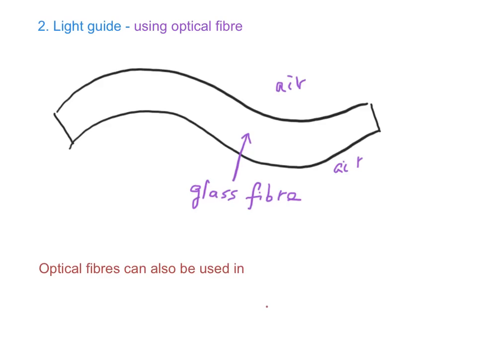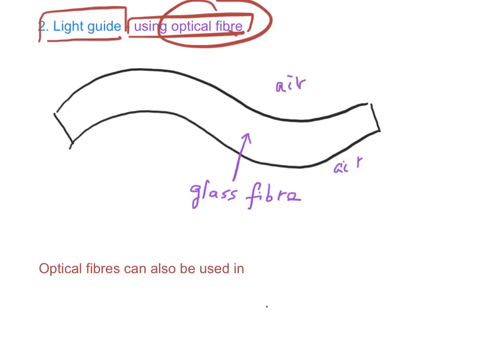Another application of total internal reflection is the light guide using optical fiber. Optical fibers are made of glass fibers of refractive index about 1.5, and the critical angle is about 41.8 degrees.